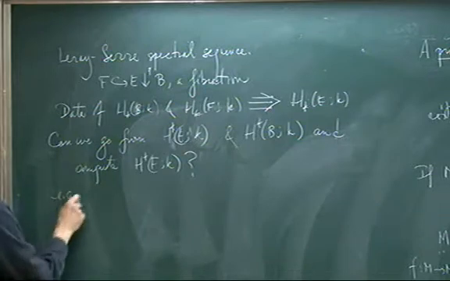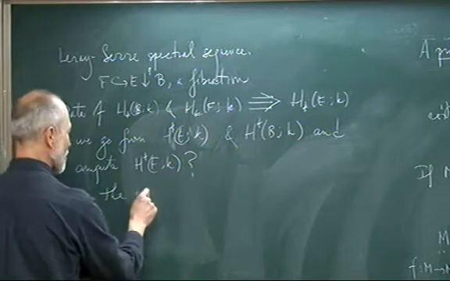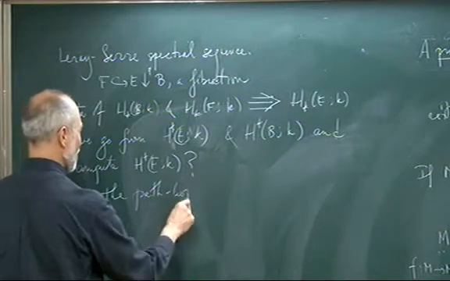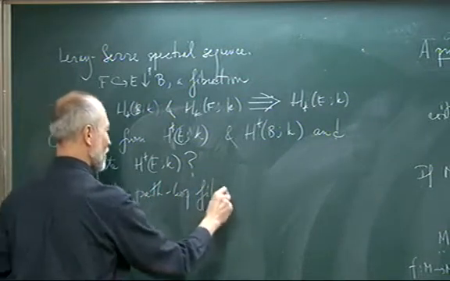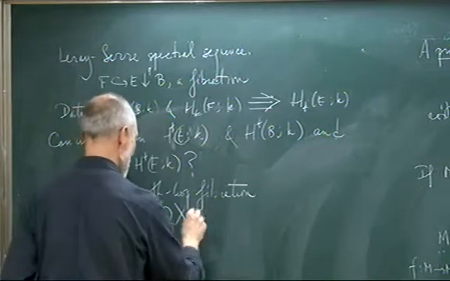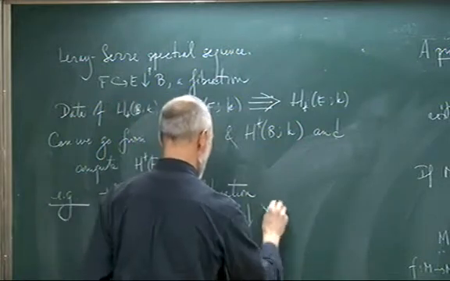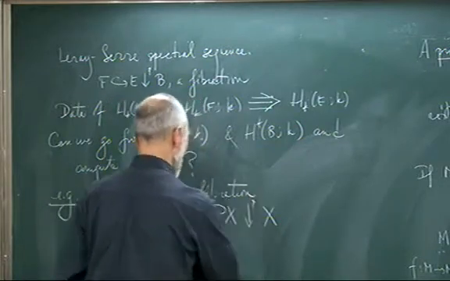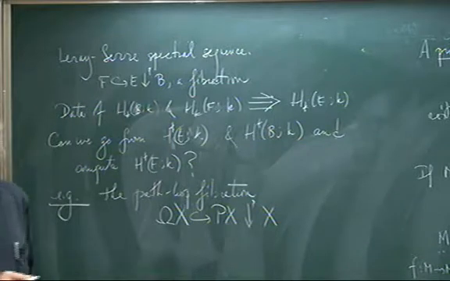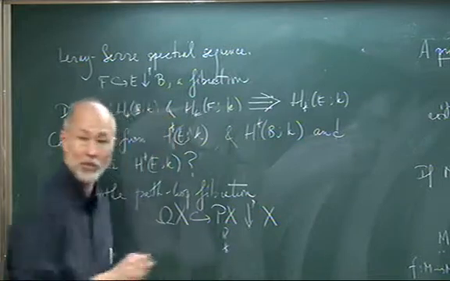So, for example, we have the path-loop fibration: loops on X in the paths on X over X. And the important feature of this, of course, is that the path space is contractible.